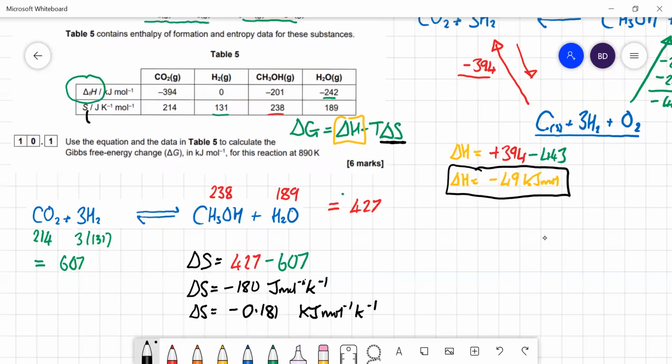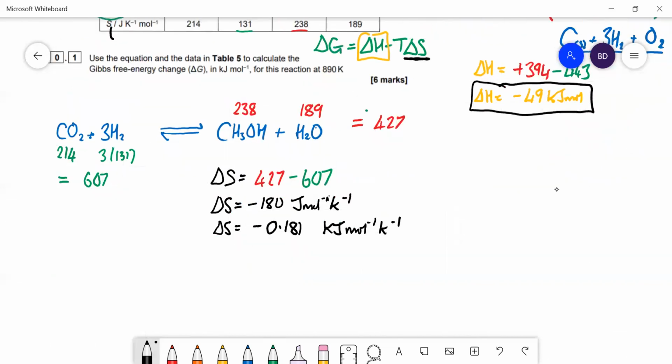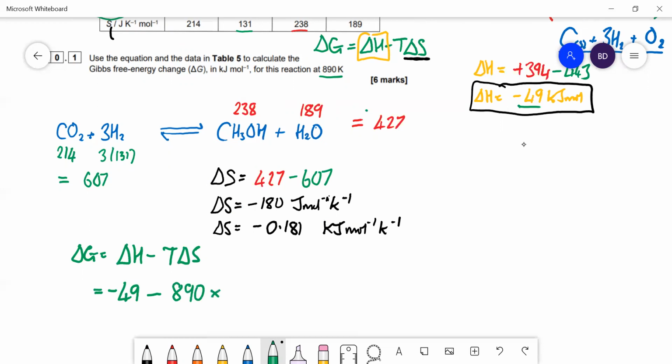Right, now we need to put our numbers into our delta G expression. I'll write it down again. Delta G is equal to delta H minus T delta S. Okay, so delta G is equal to our value of delta H, which we worked out was minus 49, minus, now the T is 890 Kelvin, multiplied by the value of delta S, which is minus 0.181.